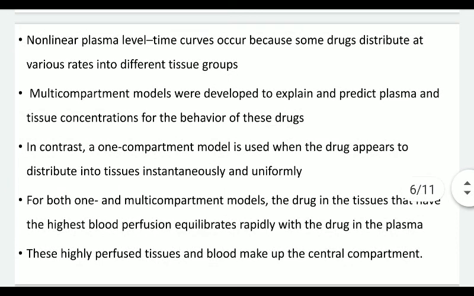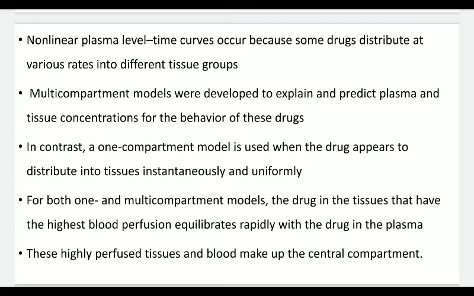Nonlinear plasma level time curve occurs because some drug distributes at various rates into different tissue groups. Now what happens is that after the administration of drug, the drug will not be uniformly distributed, and there are various factors like the fat content of that particular tissue, or the anatomy and physiology of that particular tissue.